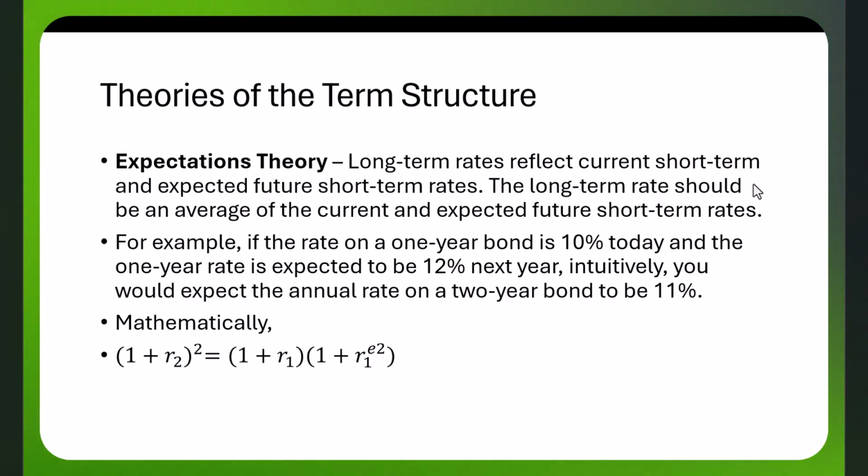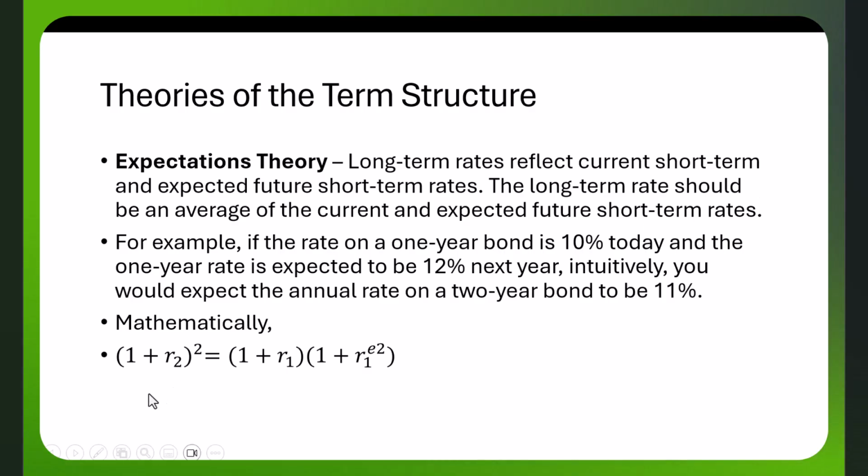Why is that? Well, if you were the one buying the bond, you wouldn't lock in to 10% for 2 years if you thought the rates were going to go up next year. And the person issuing the bonds is not going to give you 12% this year when rates are 10% this year. They're going to likely give you the average of the two.